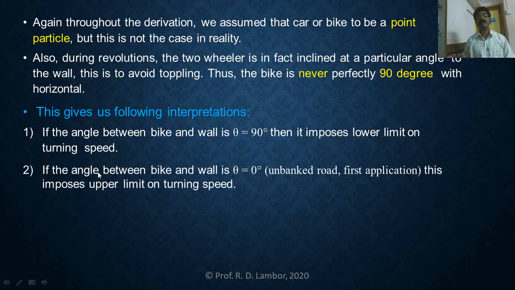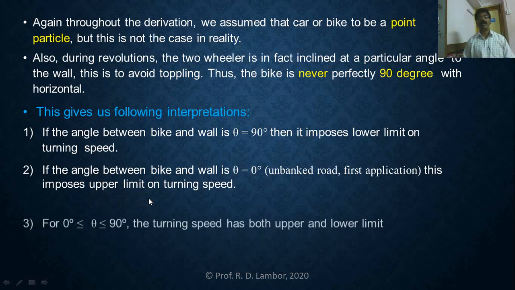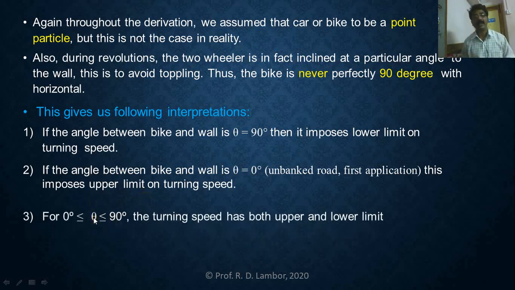Second interpretation: if the angle between bike rider and wall is 0 degrees, meaning the bike rider is exactly vertical, just like the first application, it imposes an upper limit on the turning speed. And if the angle is greater than 0 or less than 90, the turning speed of the vehicle has both limits, upper limit and lower limit.